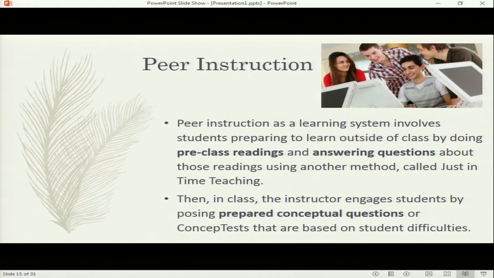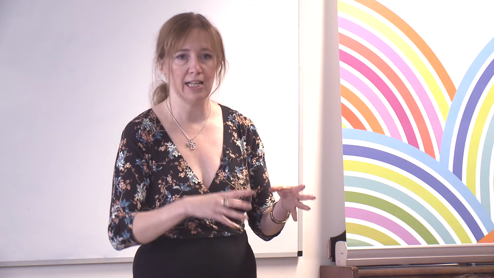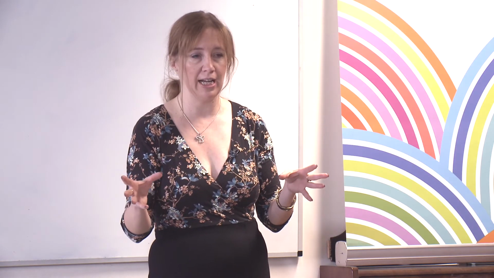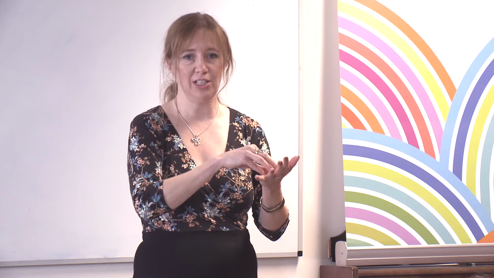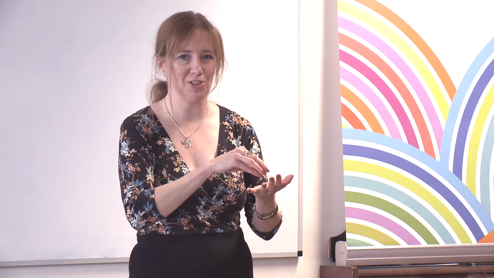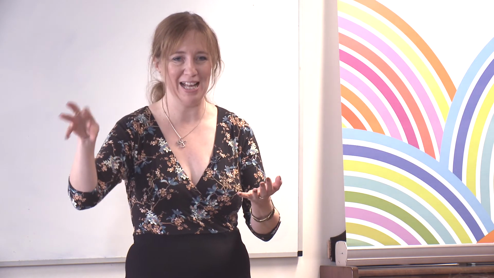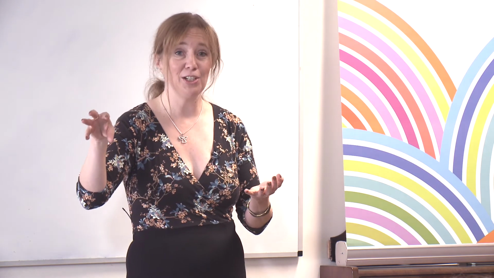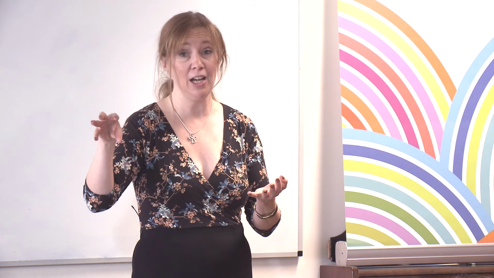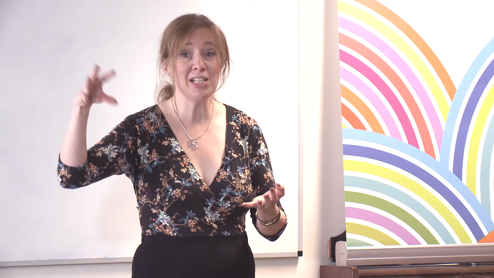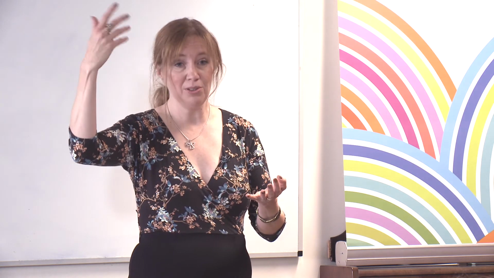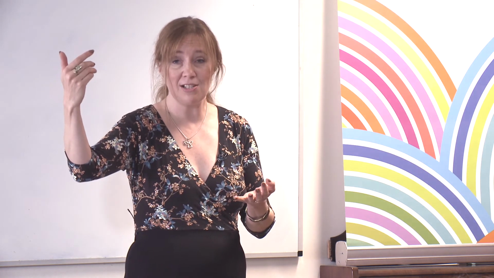So, for example, when there is one question which 30% answered correctly and 70% answered incorrectly, those 30% of students will try to convince those who answered incorrectly, and if they are good at explaining, and usually they are, they will convince them and explain what the correct answer is.